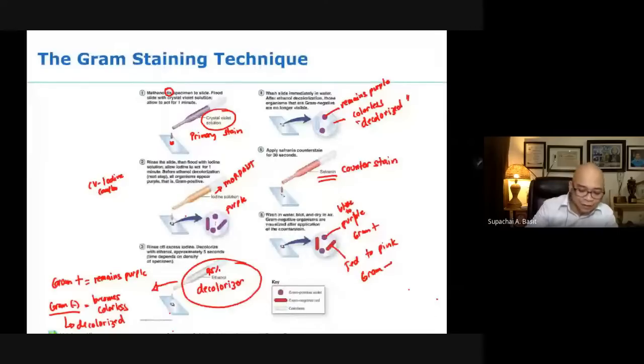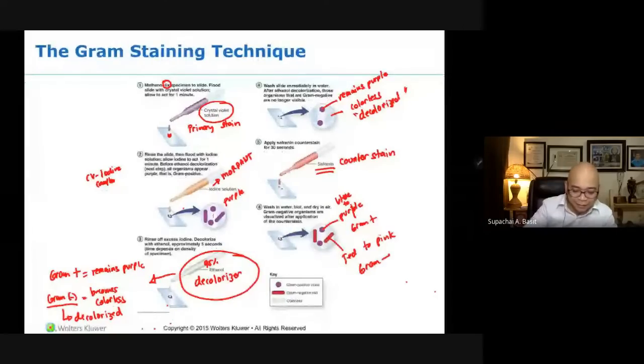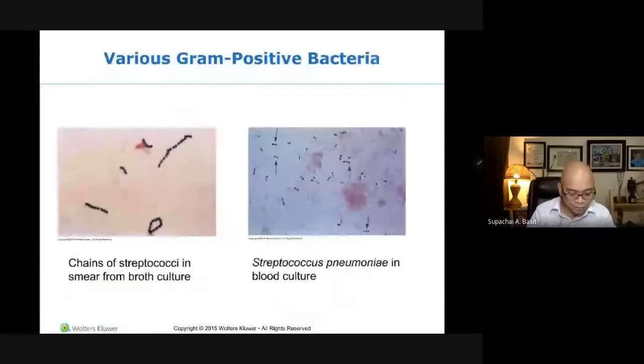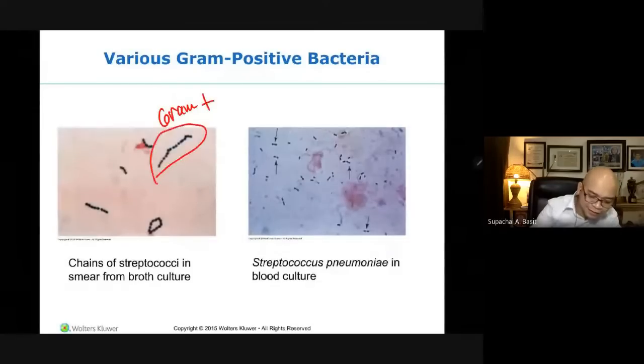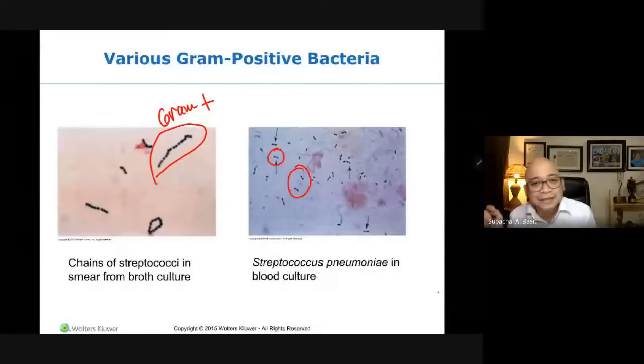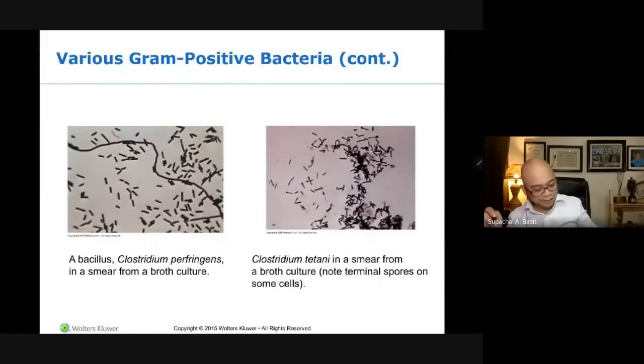And this is how they look under the microscope. You'll be able to see an example of gram-positive bacteria. This one is dark blue, between blue to purple, so they are considered gram-positive. Another example of gram-positive is Clostridium perfringens.